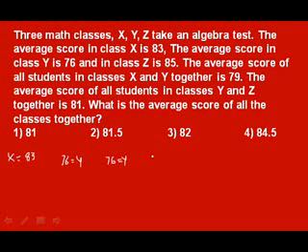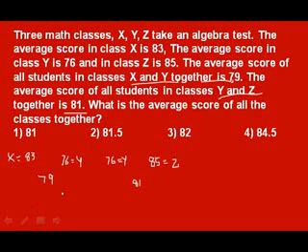And the average score of Z is given to me as 85. Now the average score of X and Y together is given to me as 79. And the average score of Y and Z together is given to me as 81.